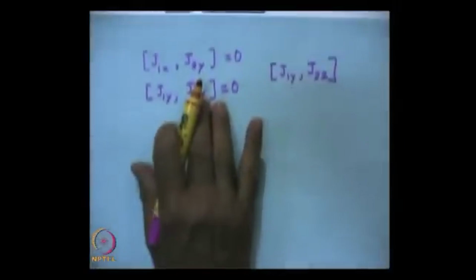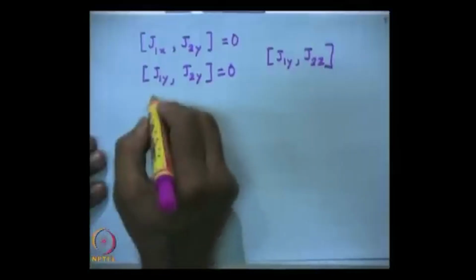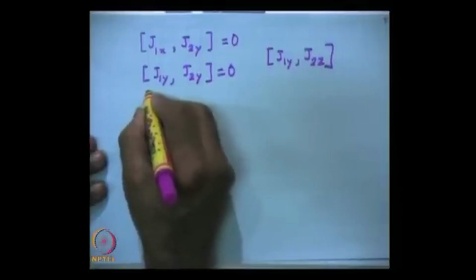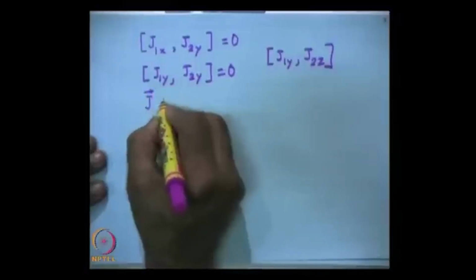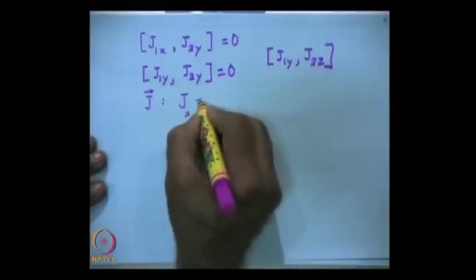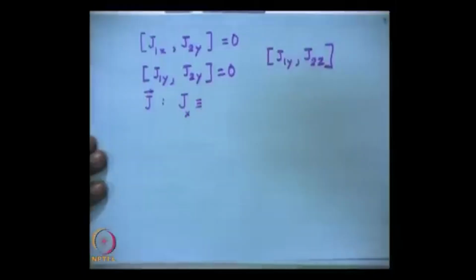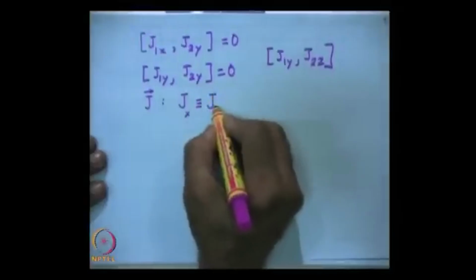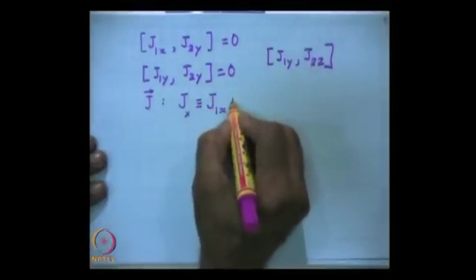We then define the total angular momentum vector J, such that Jx is defined to be equal to J1x plus J2x. When I have three equal signs, it means defined to be equal to.